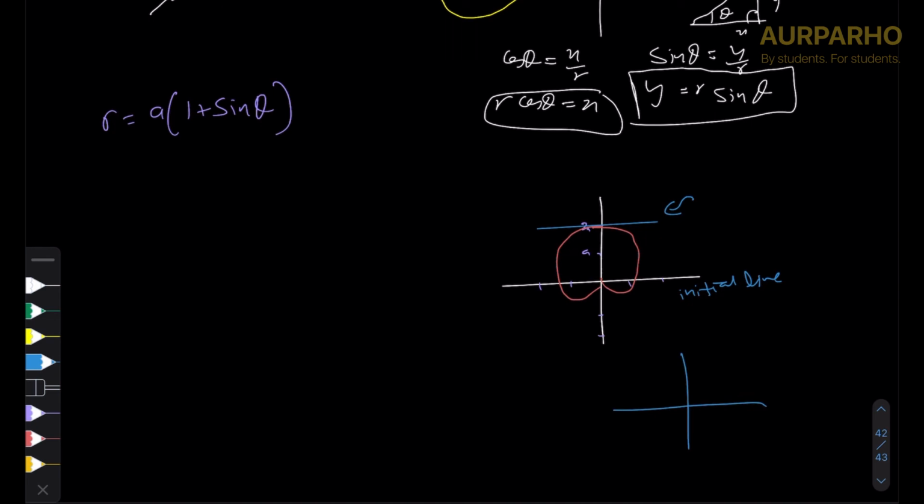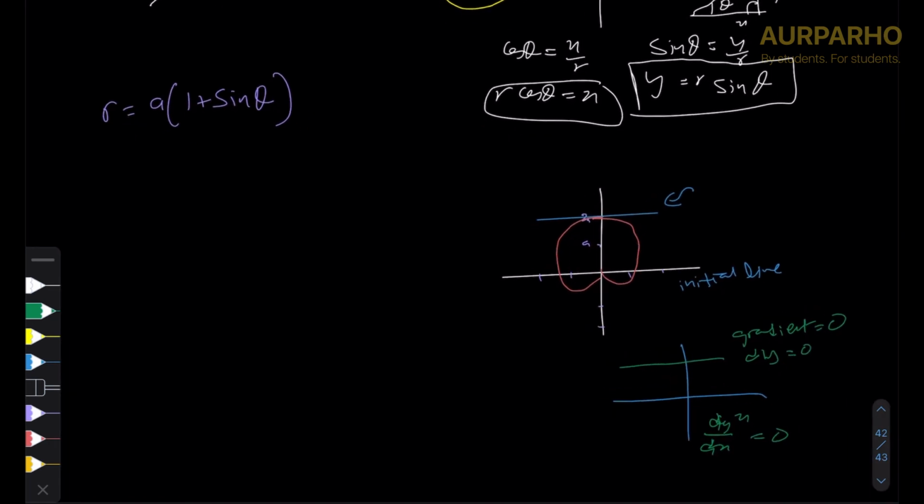For any line that is parallel to the x-axis, we know that its gradient is zero, because there is no change in y as x changes. Hence dy over dx is zero.